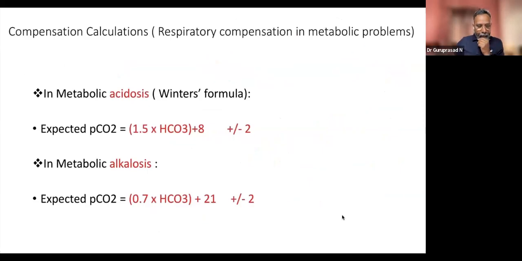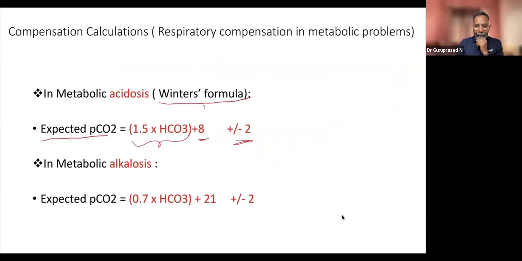So here, how do you do the calculation for metabolic disorders? If it is a metabolic acidosis, to know the expected PCO2, we use something called Winter's formula. That is 1.5 times the bicarbonate plus 8, plus or minus 2.